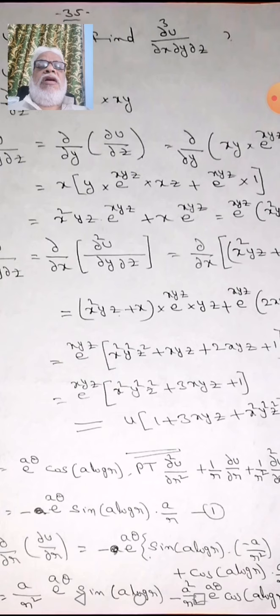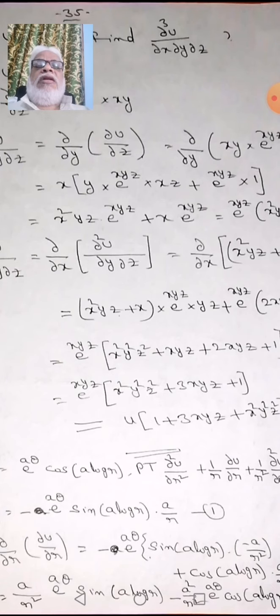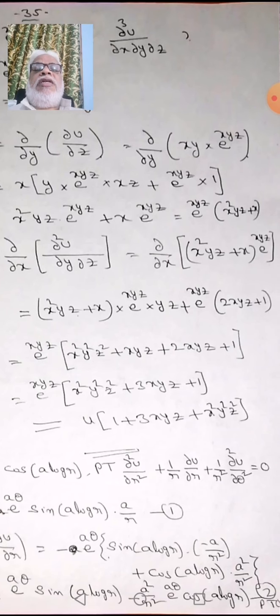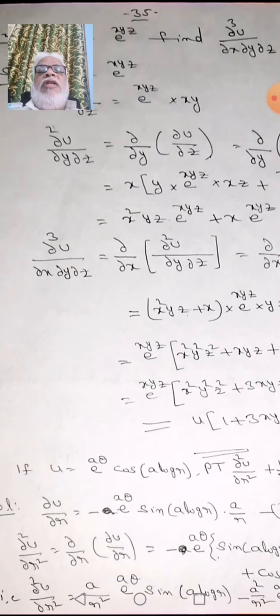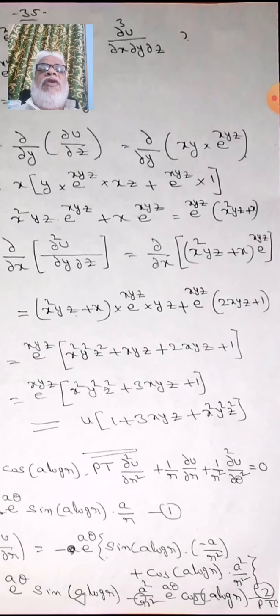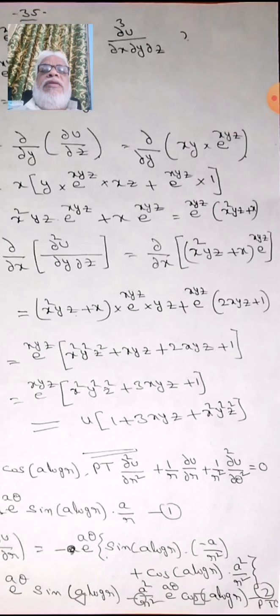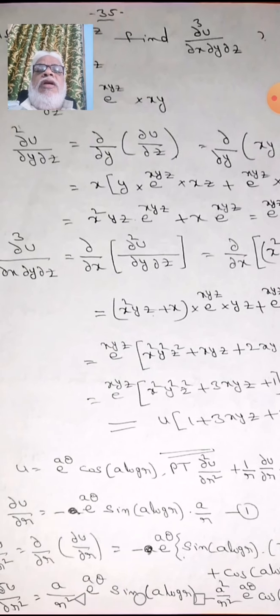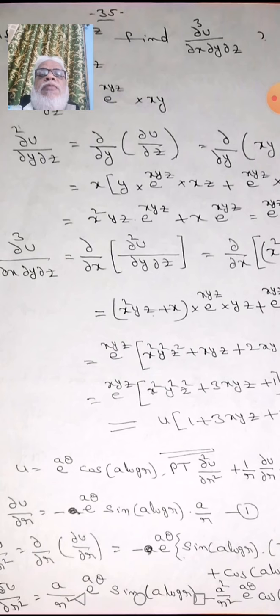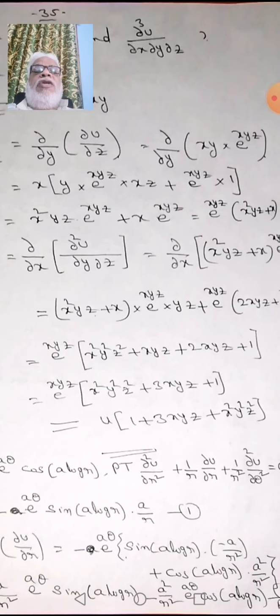So x times: first term y, the derivative of the second is e power xyz into xz, plus the derivative of e power xyz is e power xyz, and the derivative of y is 1. So x of y into e power xyz into xz plus e power xyz into 1.